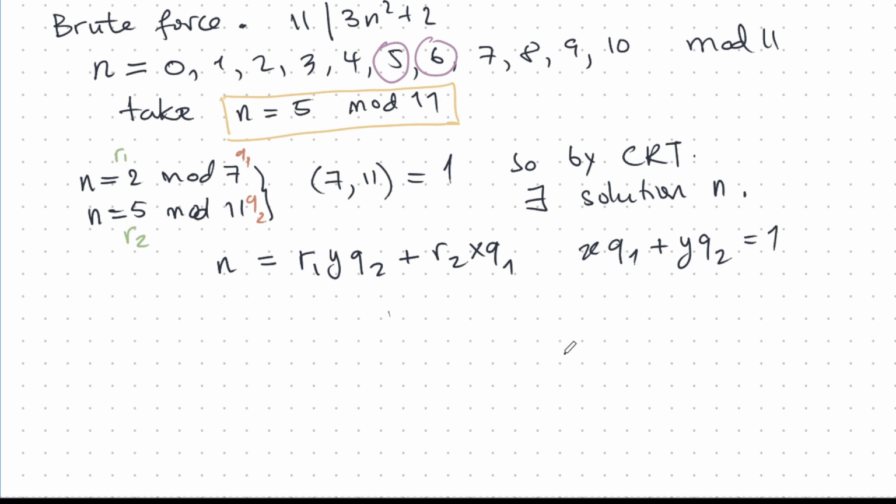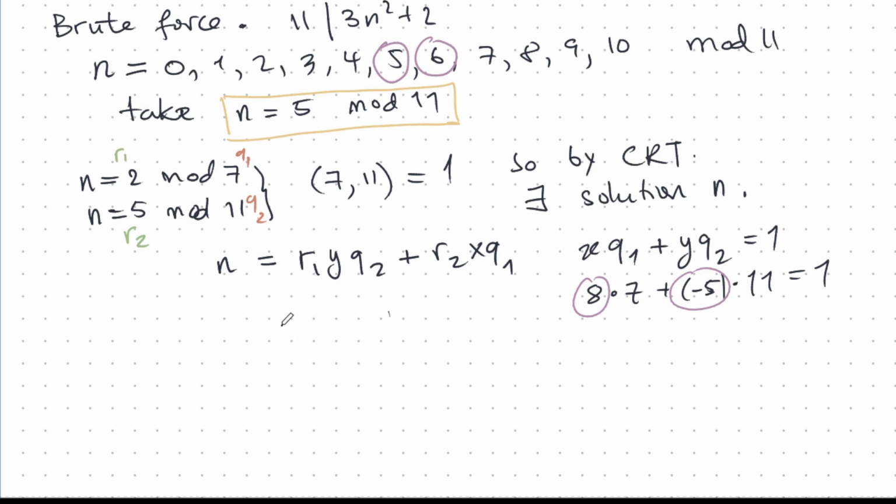We can figure this out by inspection. When it's difficult, you can use the extended Euclidean algorithm, which I will talk about in a future video. For now, let's use intuition. If we choose x is 8 and y is -5, that works. We get 1, and you might find a different solution, but this is good enough.